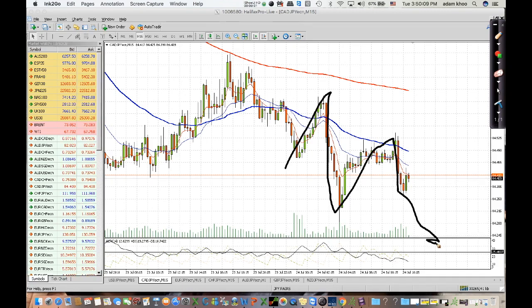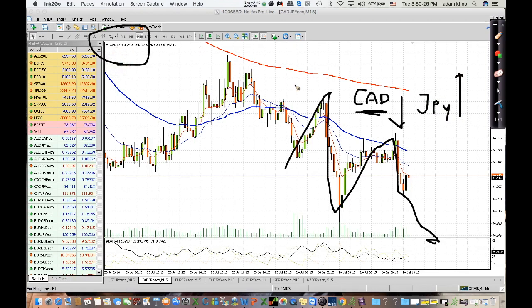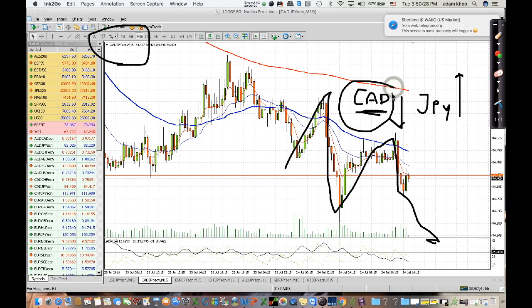If I'm going to go short on Canadian yen, what does it mean? It means that I am bearish on the Canadian dollar, so I think the Canadian will go down, and at the same time the yen is going up. So when I'm shorting Canadian yen, I'm short the Canadian dollar and long the yen.